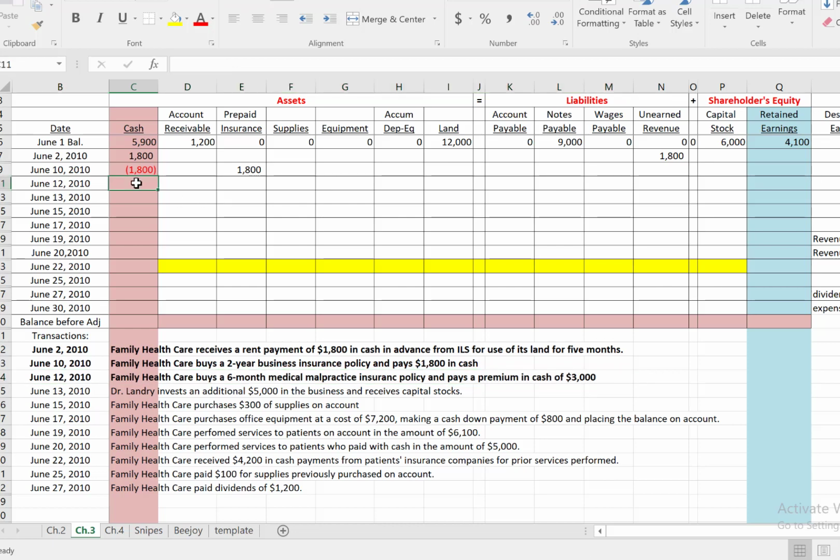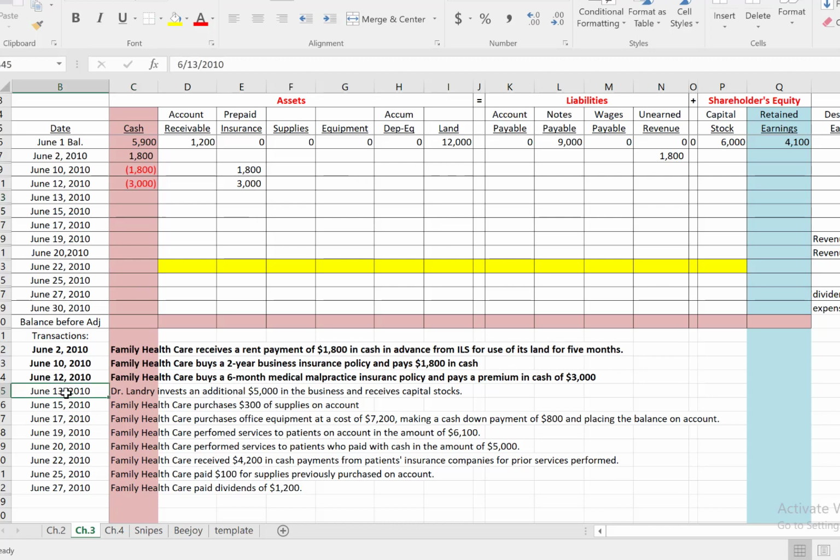So again, what we're going to do is we're going to have a reduction in cash because we've actually paid for the insurance, and the medical malpractice insurance is insurance. So we are going to actually record this as insurance, and we see the transaction right here.